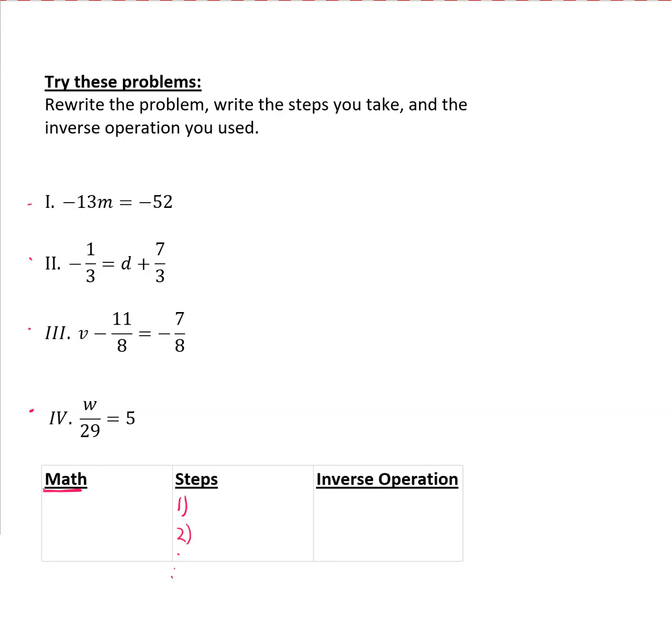So if you had to add to both sides, the inverse operation you used was addition. What would it be if it was multiplication? Division, yeah? Okay, so you're going to tell me which operation you used.